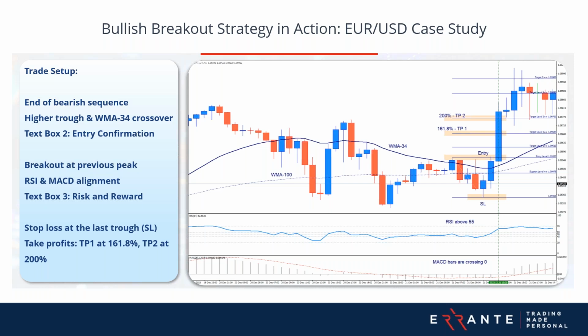To realize gains, two take profit levels are established, derived from Fibonacci extension levels, as I mentioned. The first take profit as TP1 at the 161.8% level, and the second as TP2 at the 200% level, offering a structured approach to capturing profits from the bullish movement.